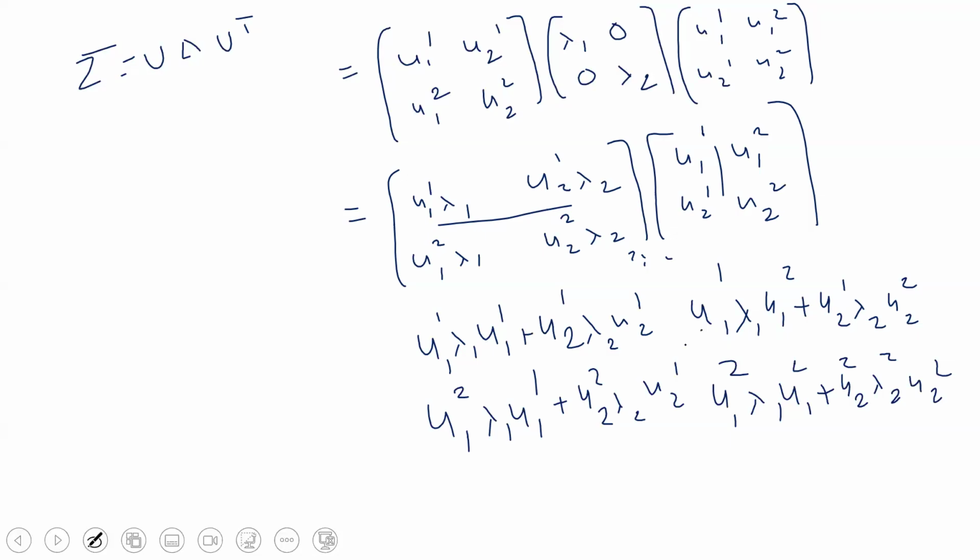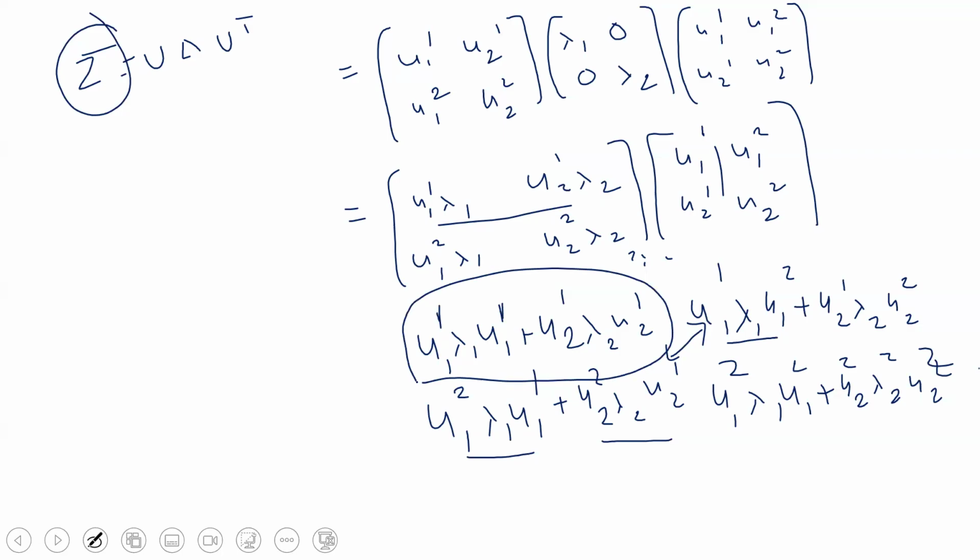So these two are the same, because this is symmetric. This is the decomposition of the covariance matrix, so these two will always be the same. These are the x and y components of the eigenvectors.